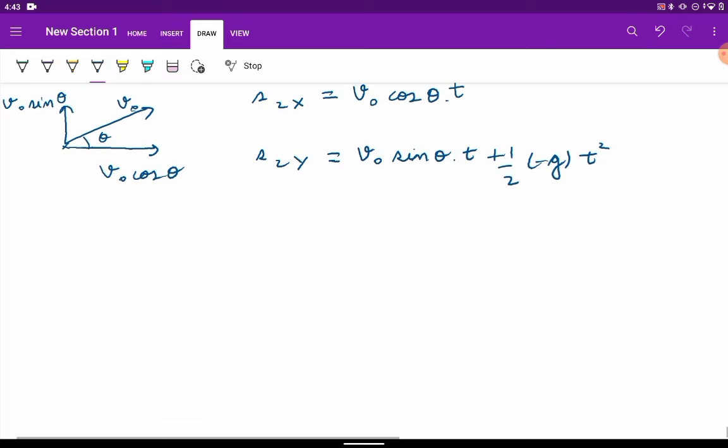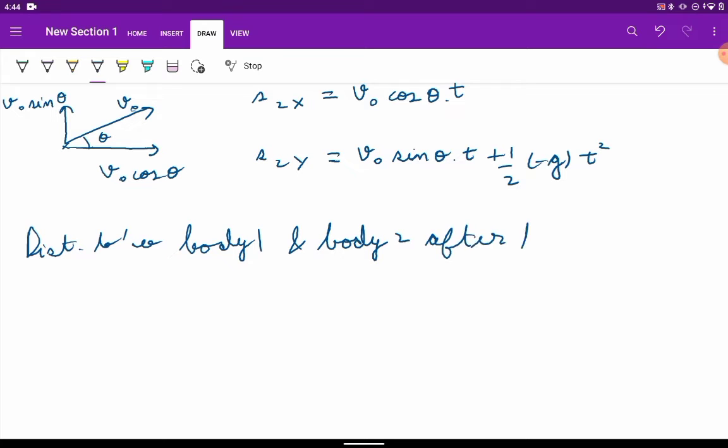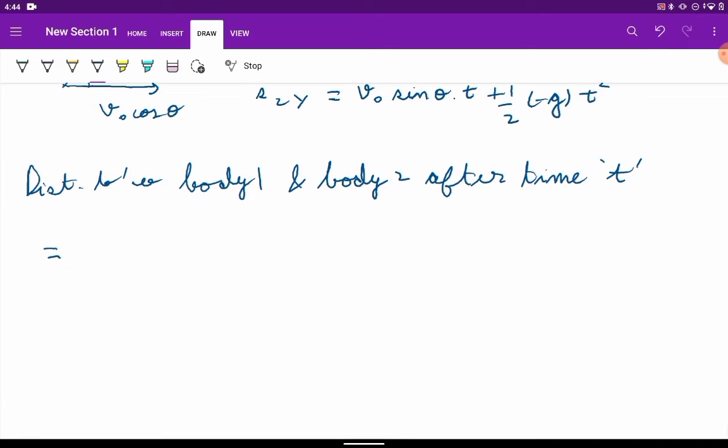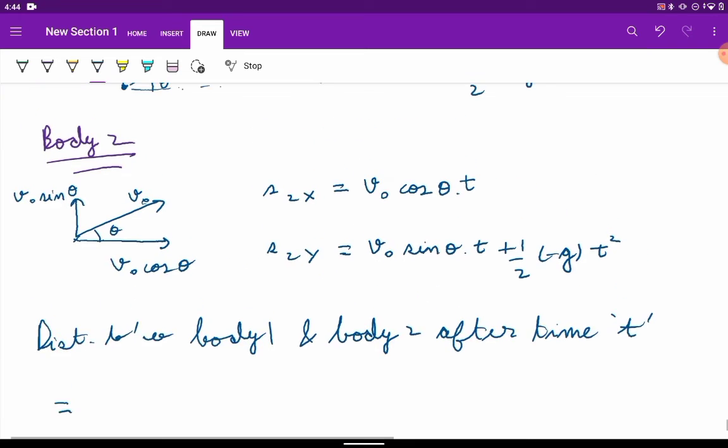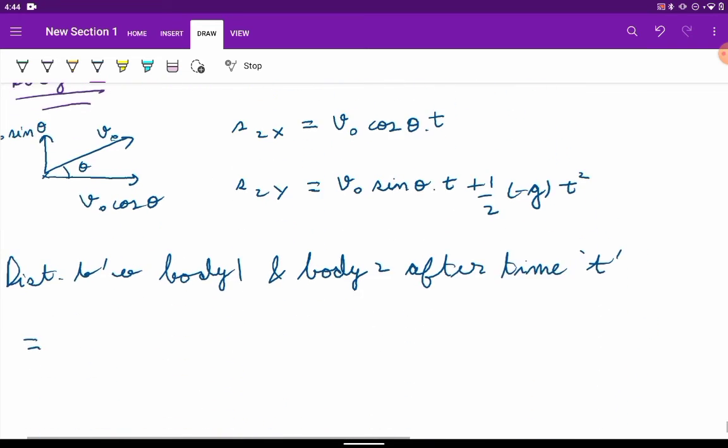So the distance between body 1 and body 2 after time t is equal to, we know their x axis positions and their y axis positions.